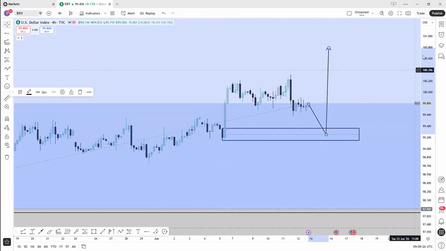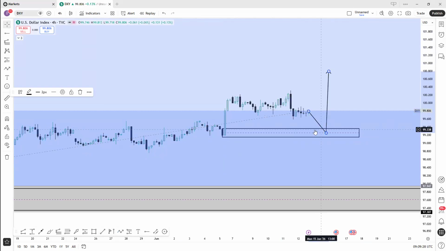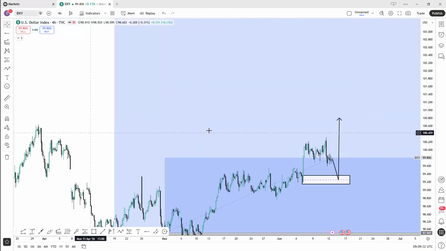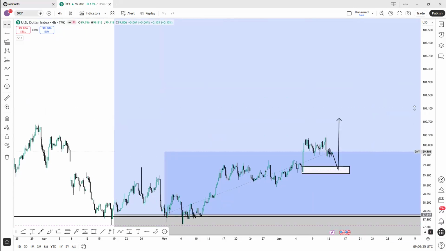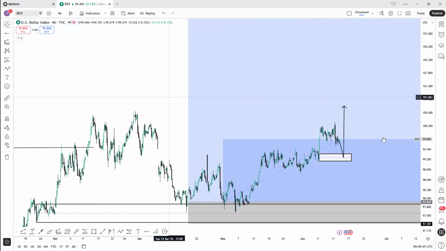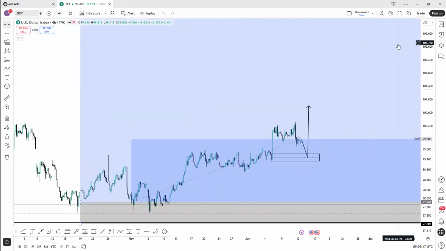And then later we'll find buys. So when it will drop to mitigate this 4-hour demand, expecting gold will raise up, will buy, and then when this 4-hour demand will be mitigated, expecting short position, gold will drop. Okay, so that is it for next week.